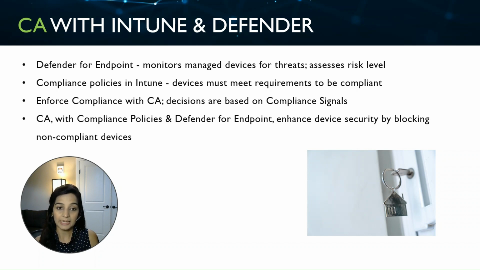Basically, with conditional access, you can enforce compliance. You can control access to organizational resources based on user, location, device, and risk conditions. Conditional access makes decisions based on compliance signals, such as trusted IP ranges, devices of specific platforms, etc.